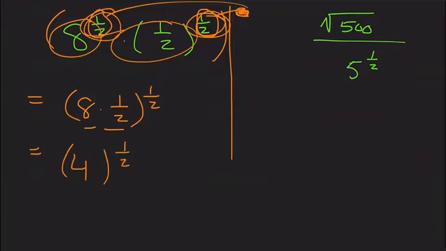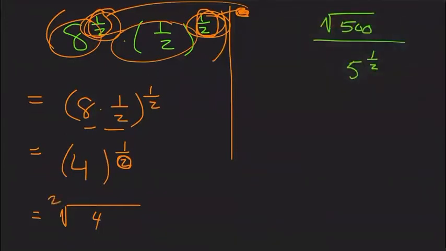Now that we were able to do some simplifying, let's try turning this exponent into a root. So if you remember, 1/2 as an exponent is a root. And whatever number's on bottom goes outside the root like that. And that should not be a 3, that should be a 2.